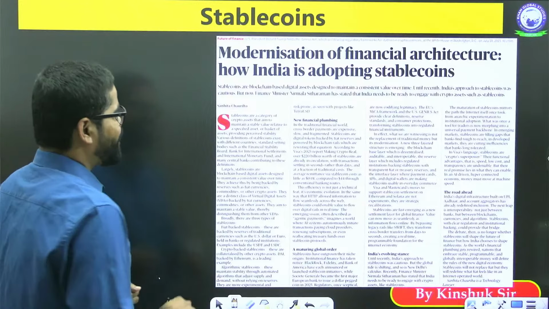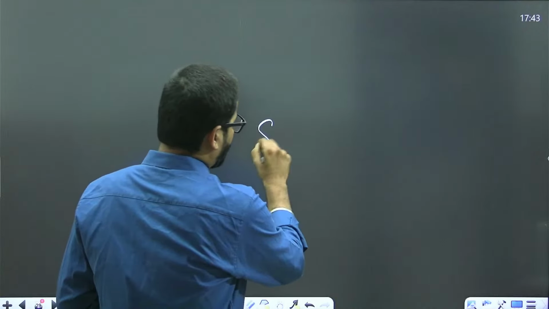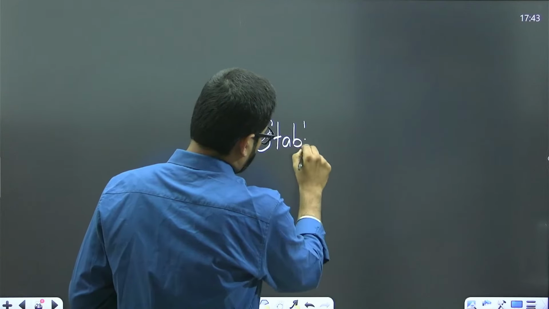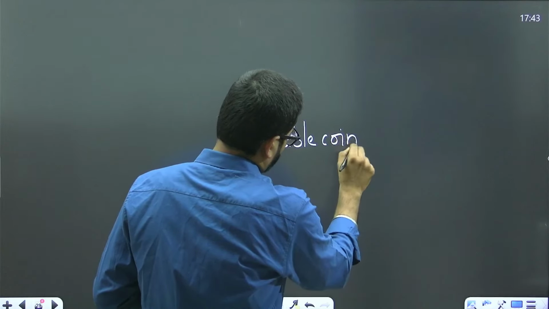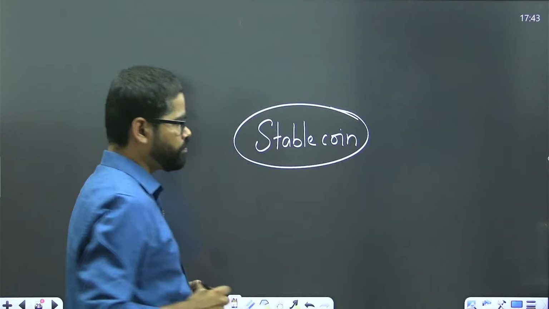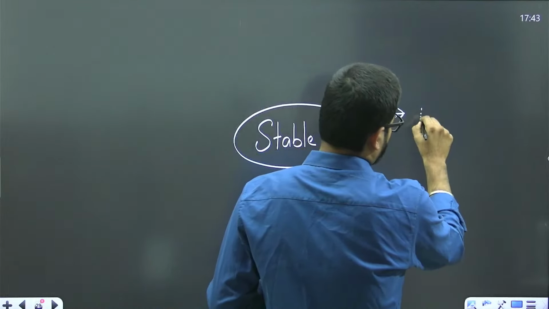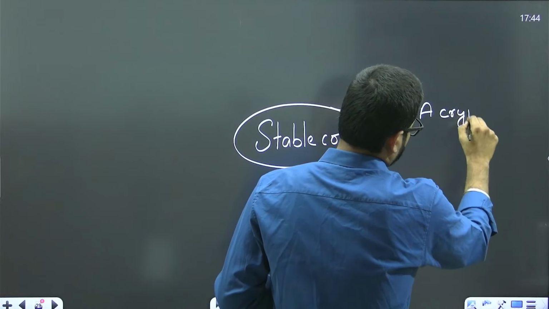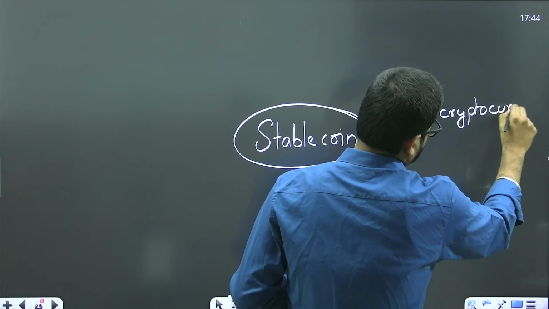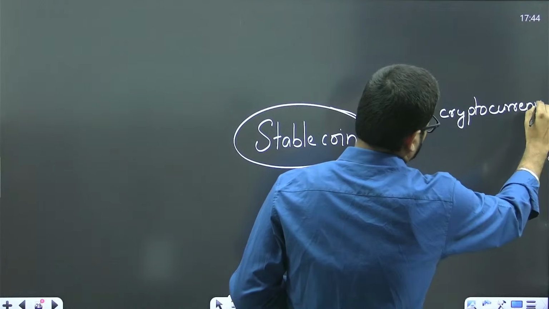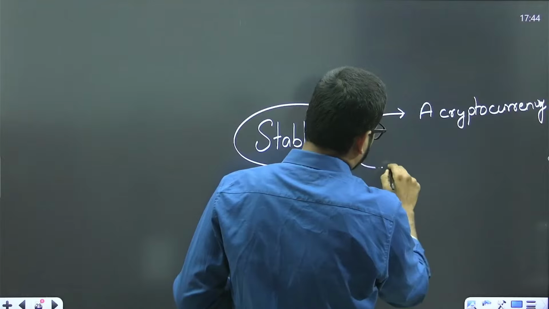Okay. So now, let's see this one part, stable coin. If you look at this, it is a cryptocurrency. Cryptocurrency means it is blockchain based.